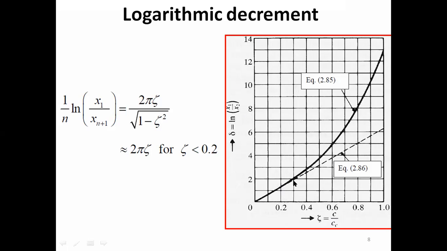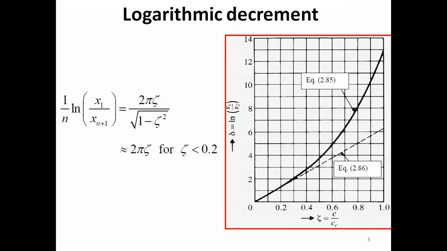So the full line or the dark line is the plot of this equation, whereas the dotted line represents the simulation of this equation, 2 pi zeta. If you look at the plot of the first equation, we could easily see that the plot is linear up to 0.2. So both of the models are coinciding over each other.